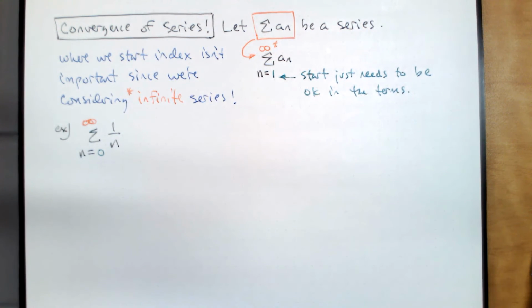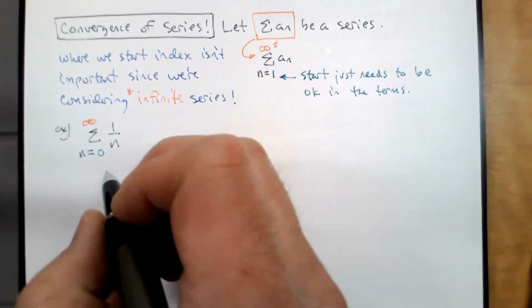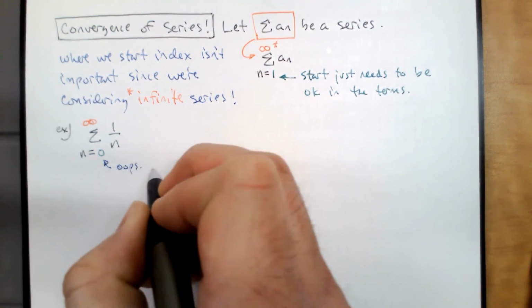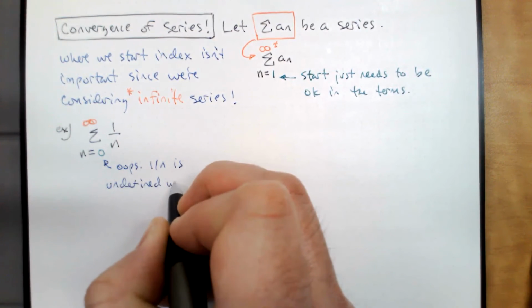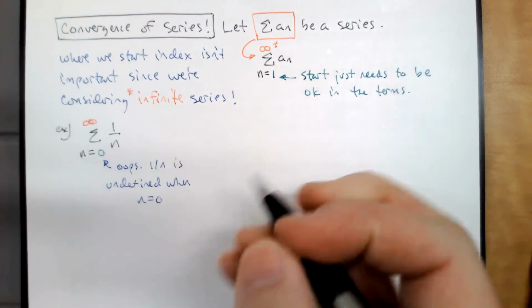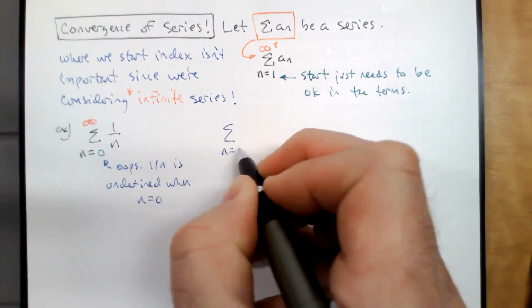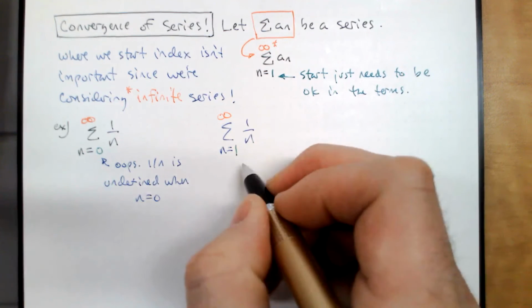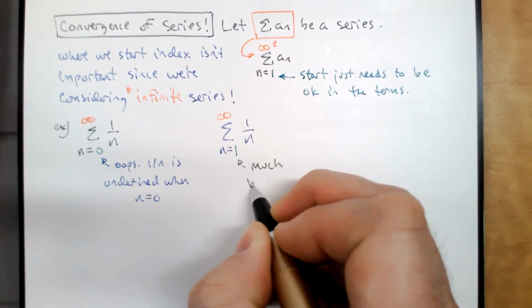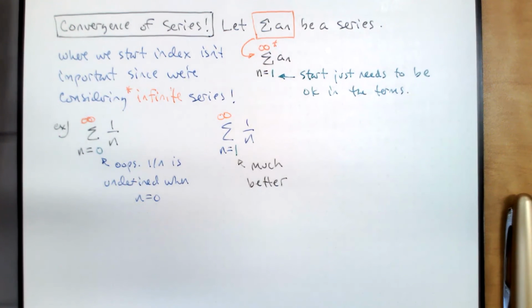This one's only not okay because I can't plug 0 into this term. So if we're writing indexing, we want to make sure that our indexing is okay, that all of our values are going to be defined.